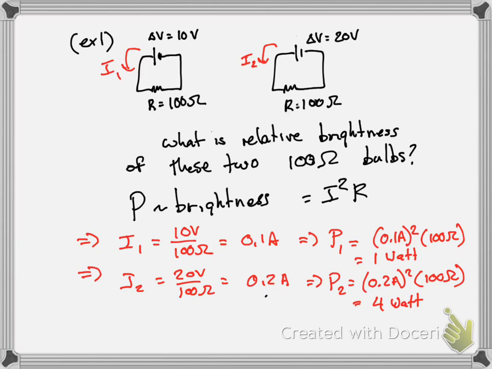So while the voltage was doubled, the power was quadrupled, right? Because it's 2 squared. It goes as the current squared. It also goes as the voltage squared, but it goes as the current squared. So even though we've doubled the current, we've quadrupled the power.